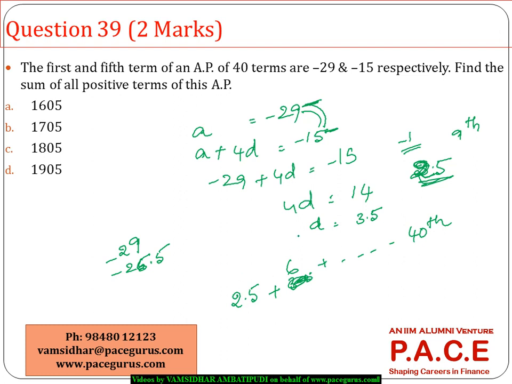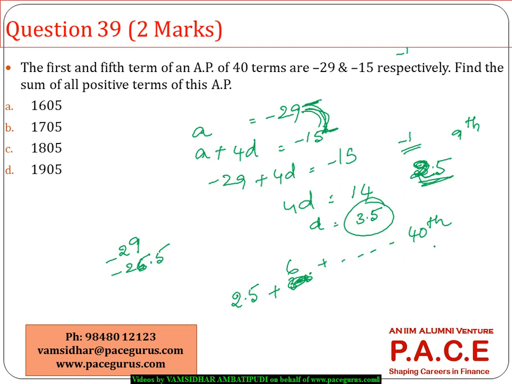So 2.5 happens because when we are talking of minus 29 being the first term, minus 15 being the fifth term, what we are clearly seeing is the difference, A plus n minus 1 into D. The difference is coming out to 3.5. So the ninth term will work out as minus 1. The 10th term will be the first positive term of this AP.